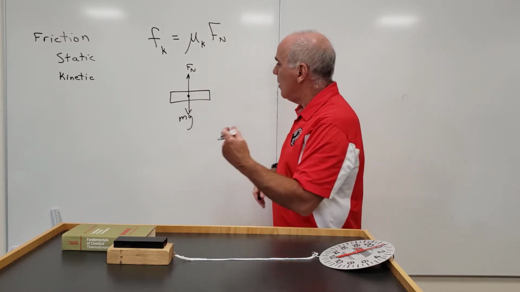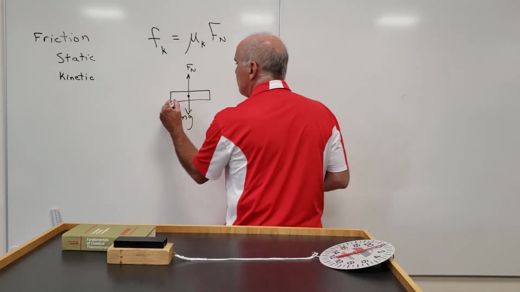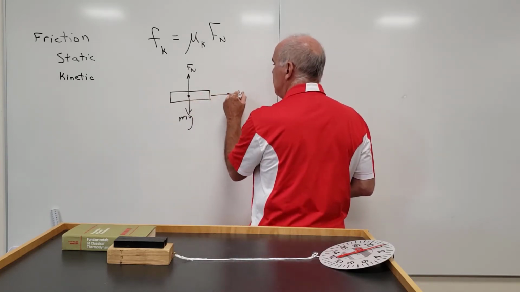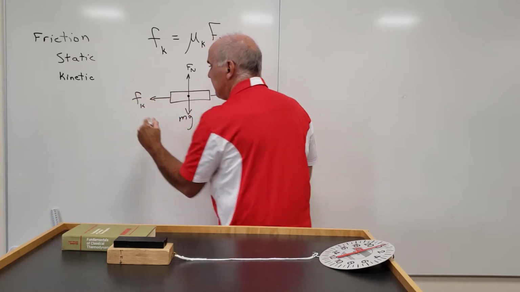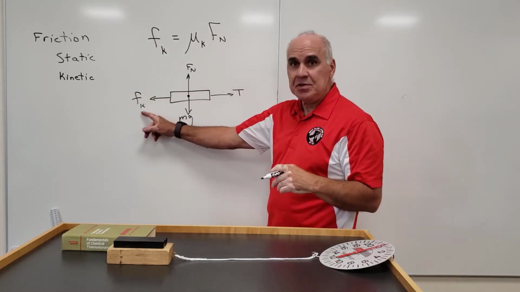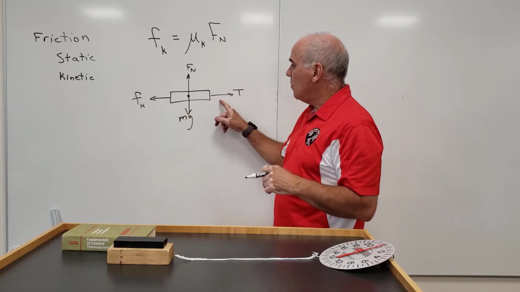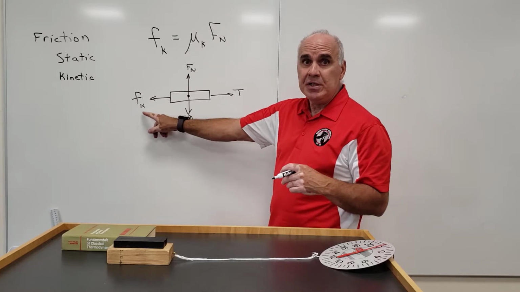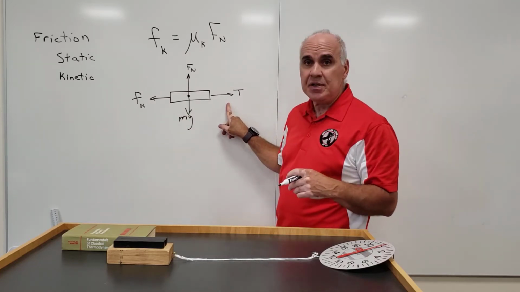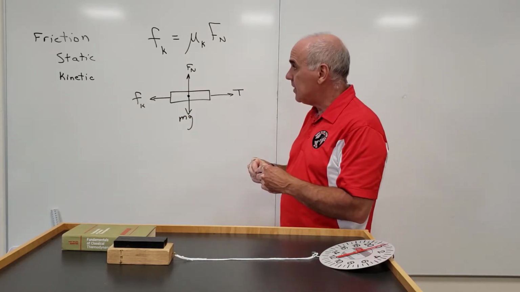All right, so I've got the tension in this direction, the frictional force is in this direction, and since it's sliding, I'm going to use kinetic friction. So when the normal force increases, so does the frictional force. To compensate, the tension has to increase, right? The tension has to increase.